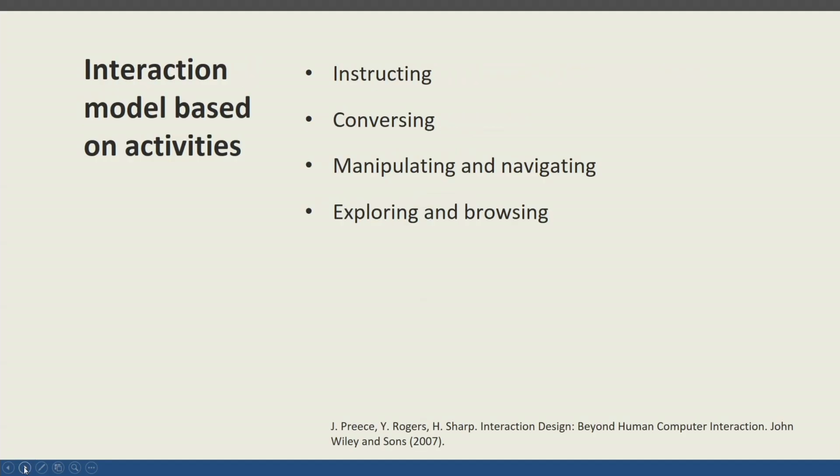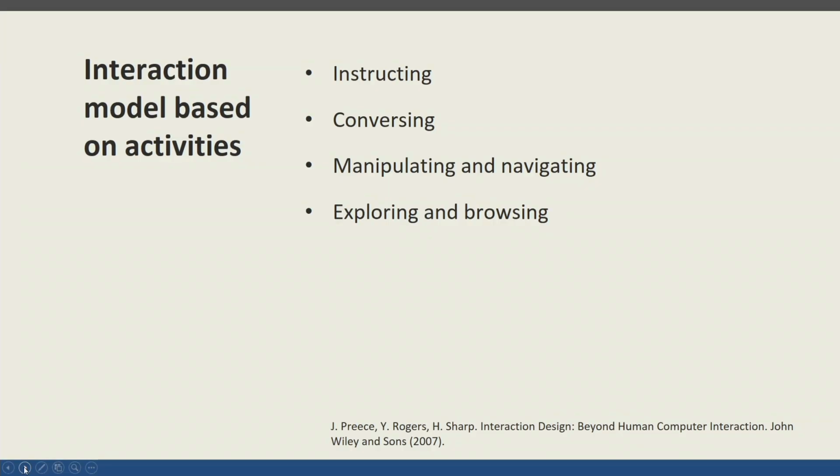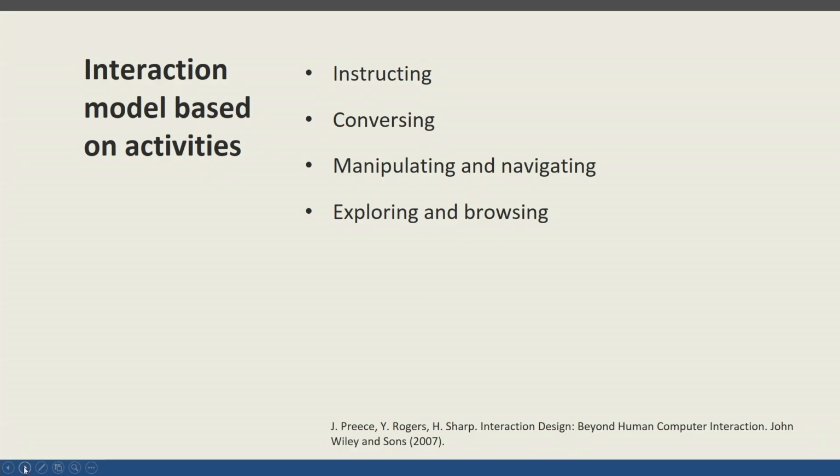So you have four different interaction models which are based on four different groups of activities. The first group of activities involves instructing the computing machine, or instructing the interactive artifact. Another set of activities involves getting into conversation with the interactive artifact; that's what we are calling conversing.